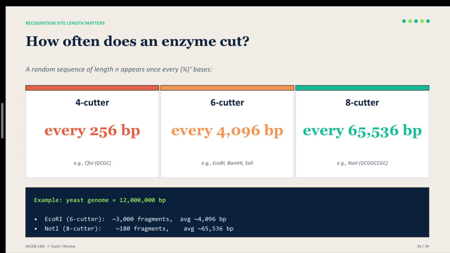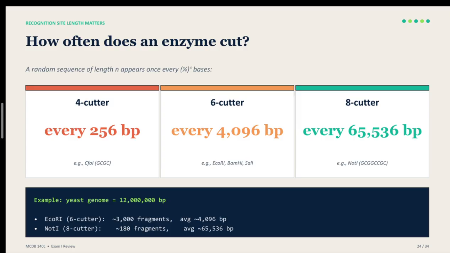Cool. It's also important to have an intuition around the numbers. You don't really need to know the specifics, but you should have a general idea, right? We talked about this earlier, but we're going to go through it again. Each base position has 4 possible nucleotides. So multiple cloning sites tend to use 6-cutters and 8-cutters to get unique sites.